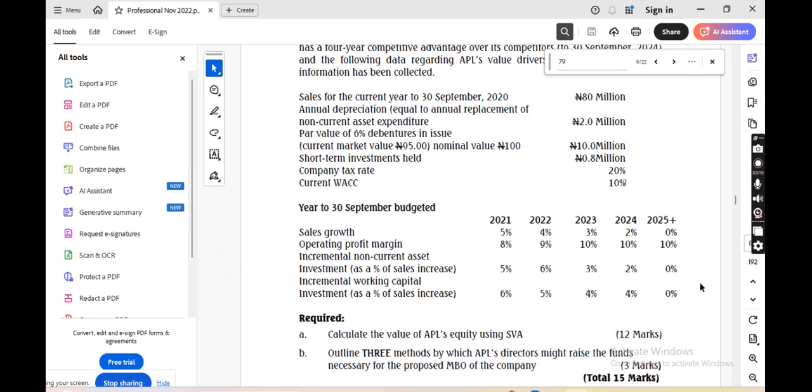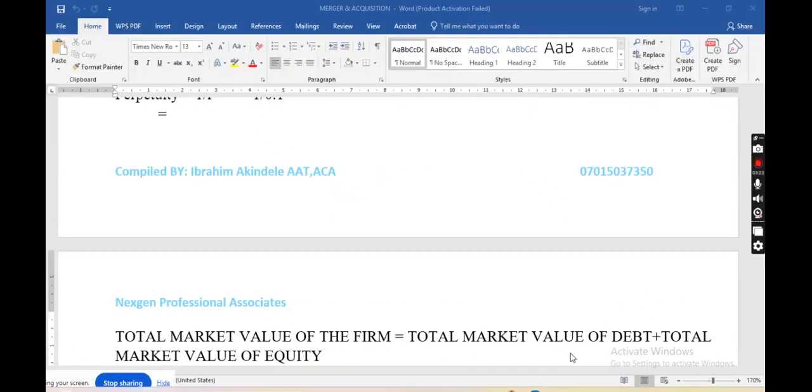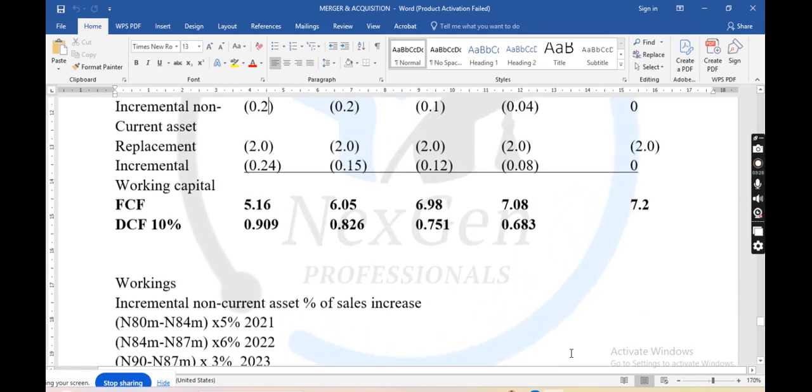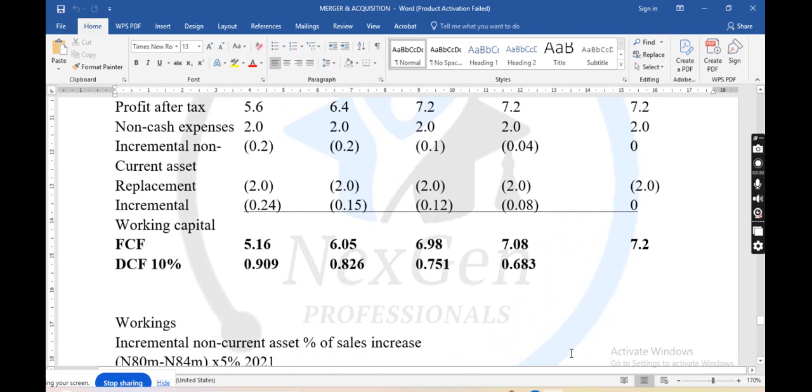How do we now determine equity when the weighted average cost of capital is given? Don't stress yourself too much. Calculate the total market value using the free cash flow to the firm. After that, remove the portion of debt.